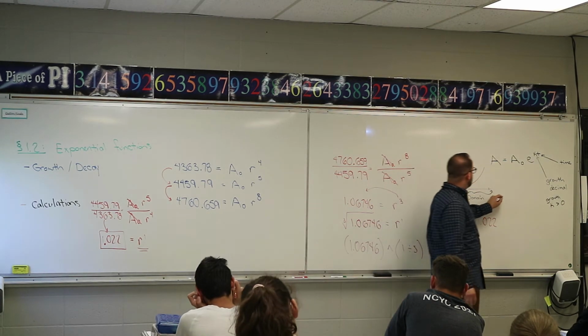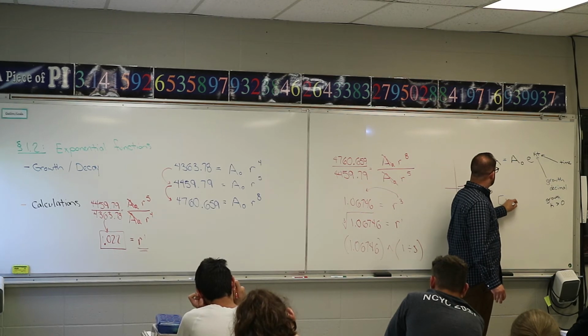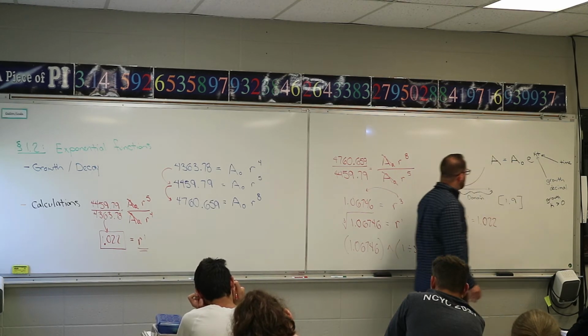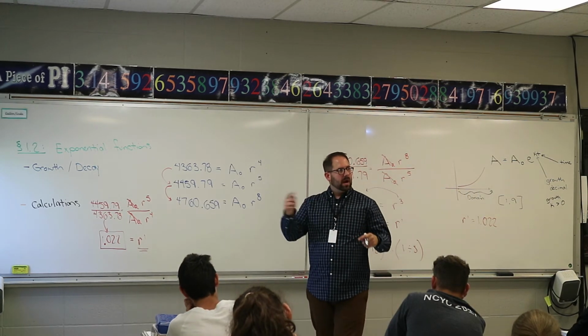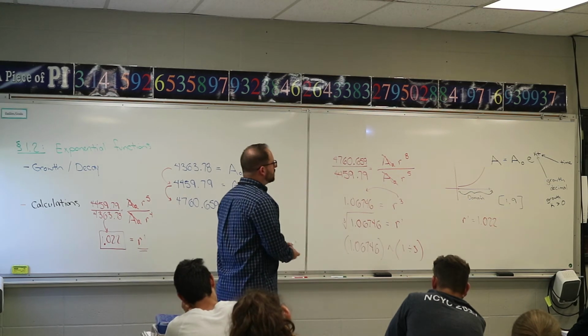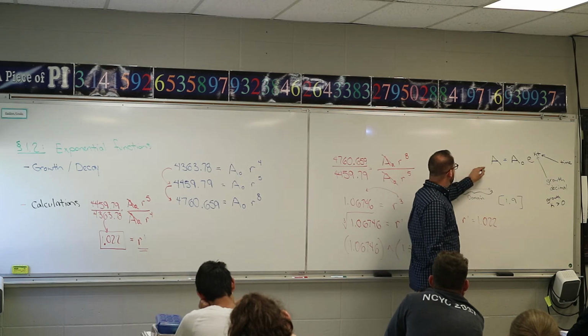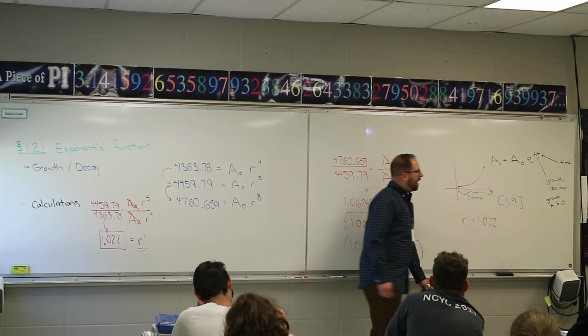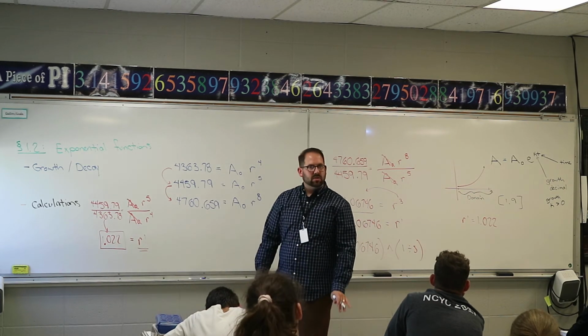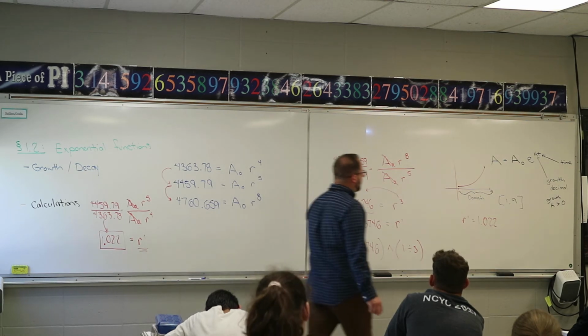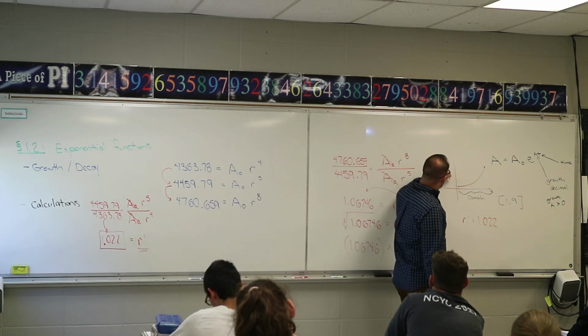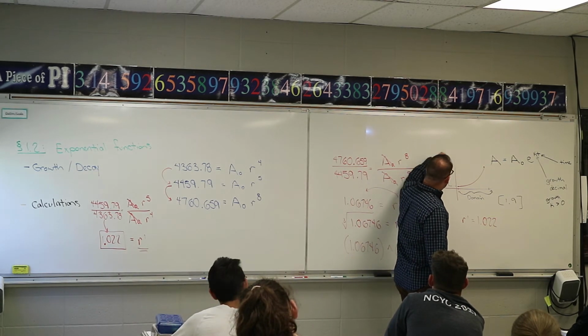So your domain would be this, the lowest number to the highest number. Now, if there's open circles or arrows, you'd use a parenthesis. Since this has closed circles, there's an actual dot here, there's no arrow, you'd actually use brackets. Do we see the difference? That's domain. If you wanted range, range is going from here to there.